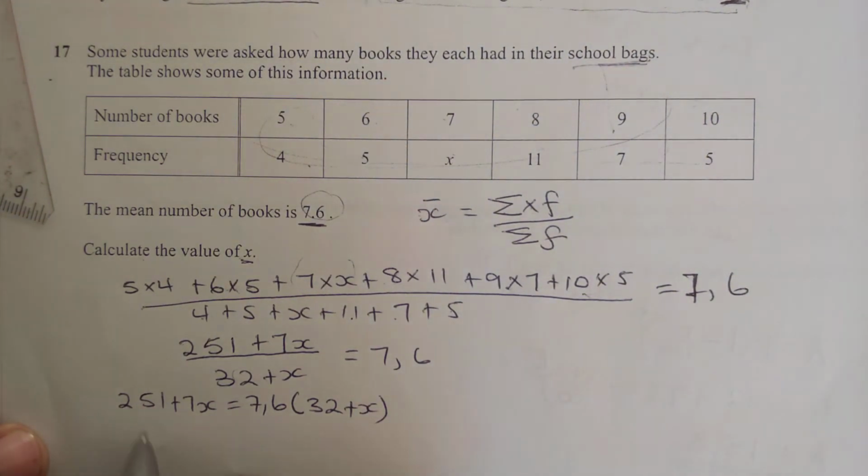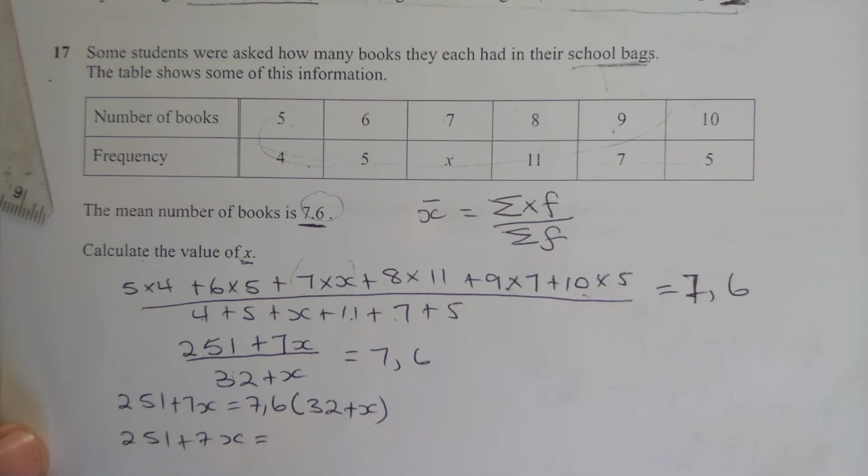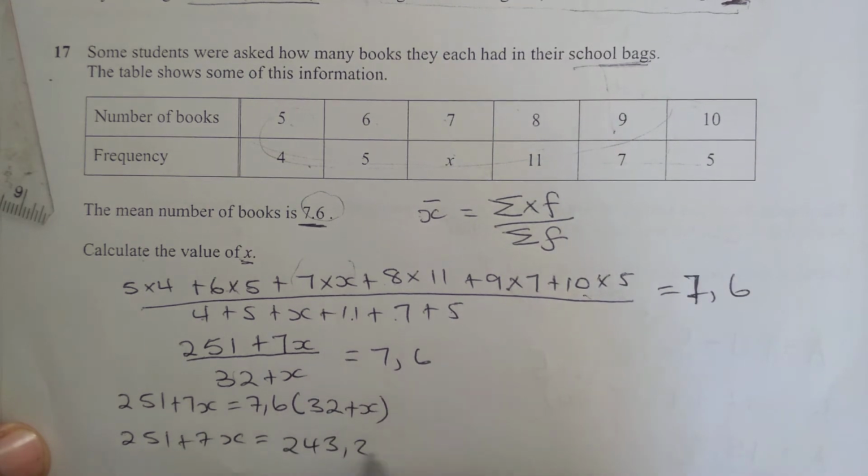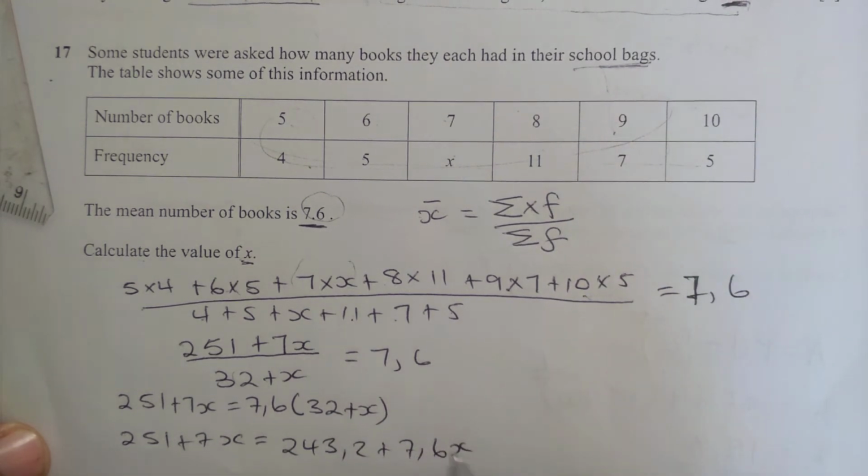So it simplifies to 251 plus 7x equals 7.6 times 32. I'm getting 243.2 plus 7.6x.